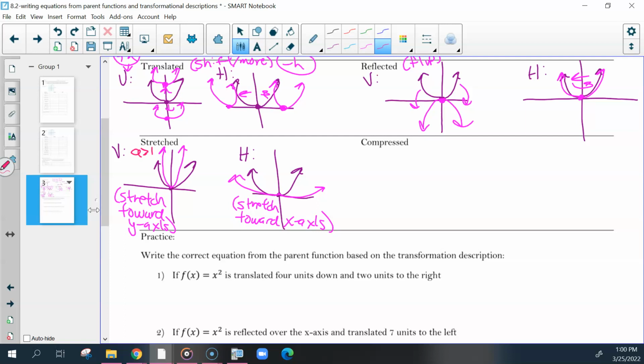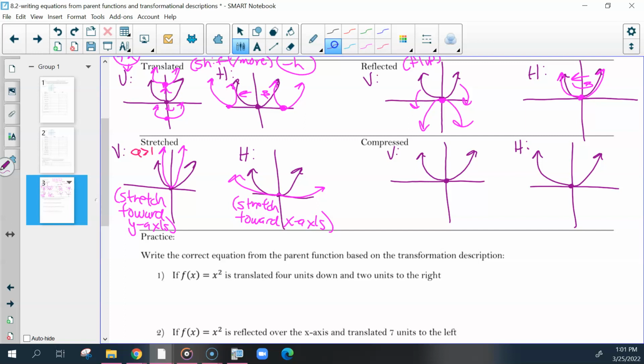Then for compress, it's opposite for both. So we're going to draw in 2 more axes and parent functions. Now for a vertical compression, it is shrinking. Shrinking and compressing are the same thing in math.